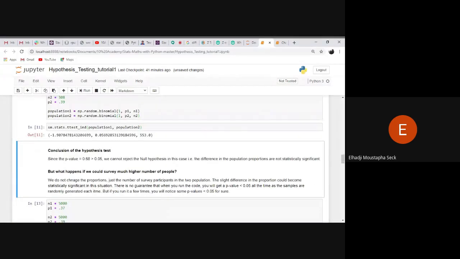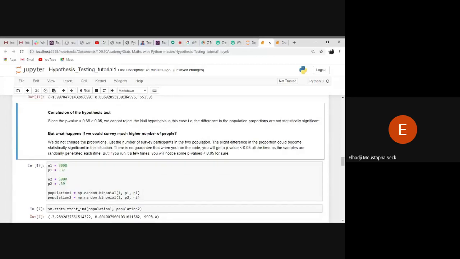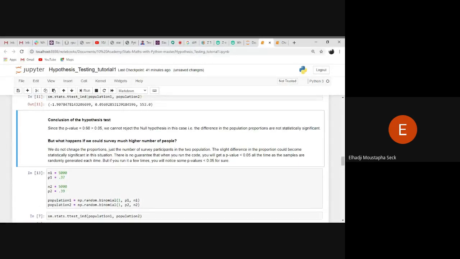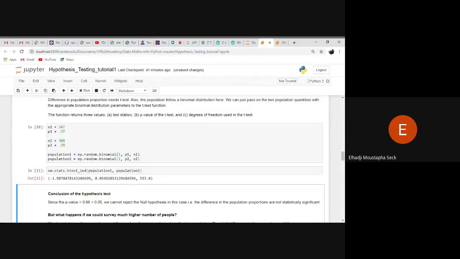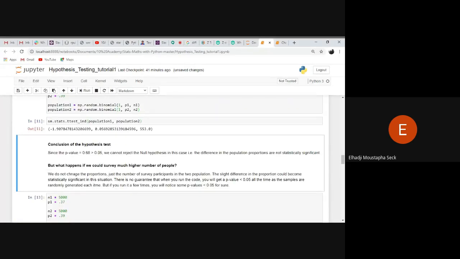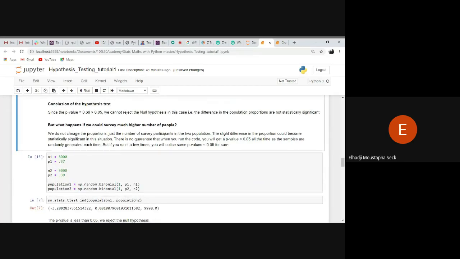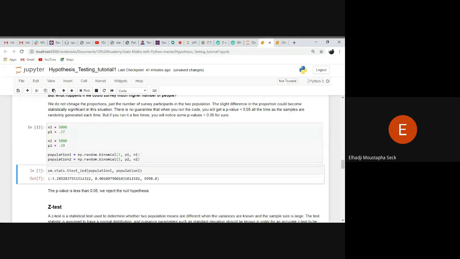So here, still the same example, I just increase the number of people. First I had 247 parents of Black children, but now I have 5,000. Also for Hispanic children I have 5,000, and I do the same and compute my t-test.